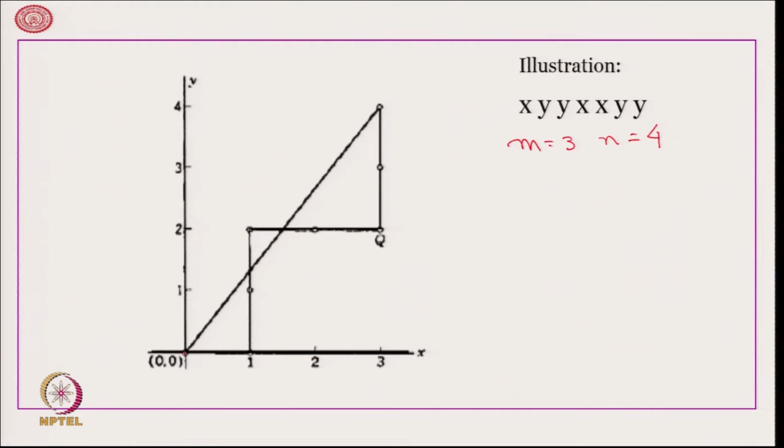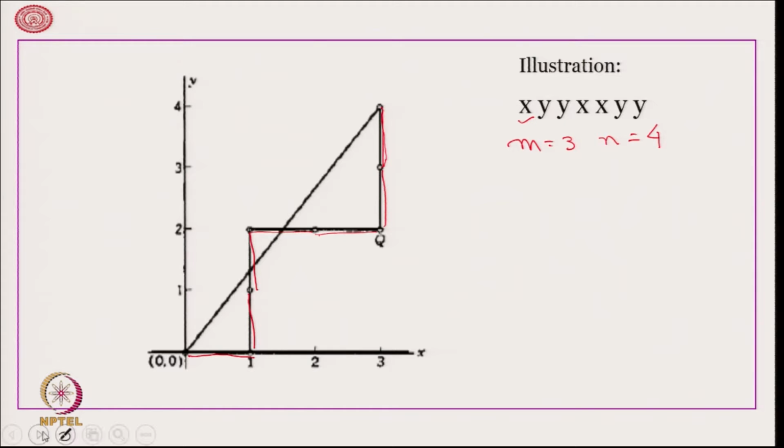Corresponding to each x observation, we go from the current position to the right. First we got an x, we come here, then we got y, then another y, then x, and then y and y.